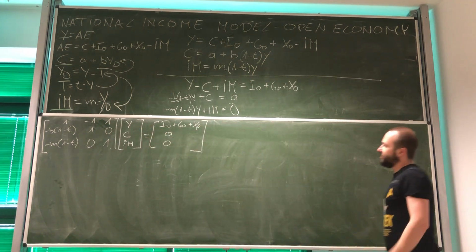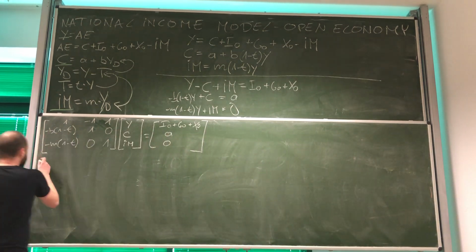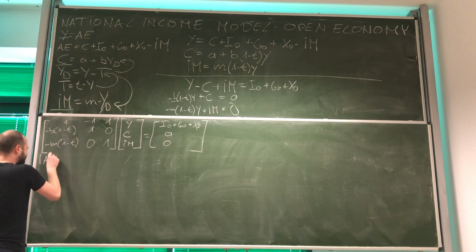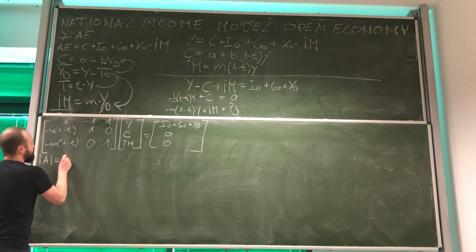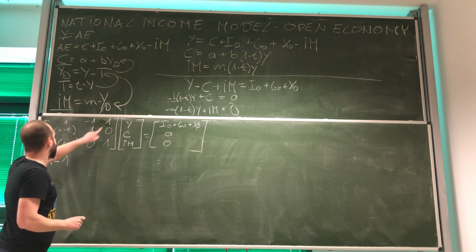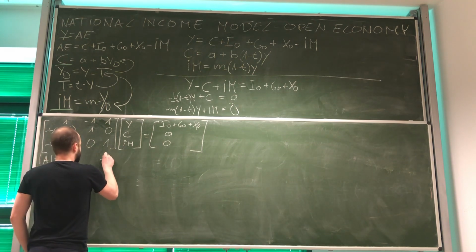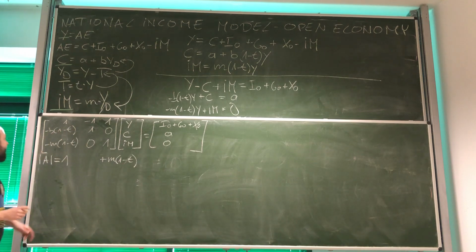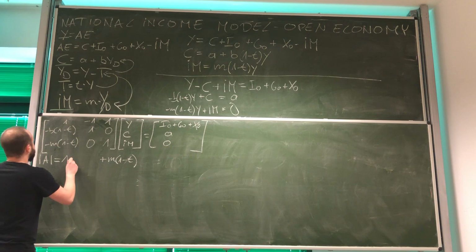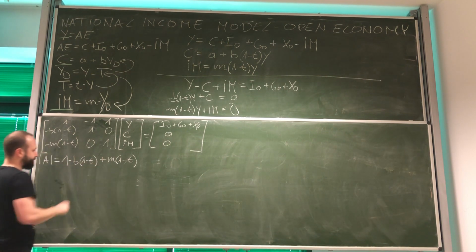Okay, so of course, next thing we need to do is to calculate the determinant and make sure that this determinant is different than 0. So we've got 1, then we've got 0, 0, then we've got plus m 1 minus t, and then we've got 0 and minus b times 1 minus t.